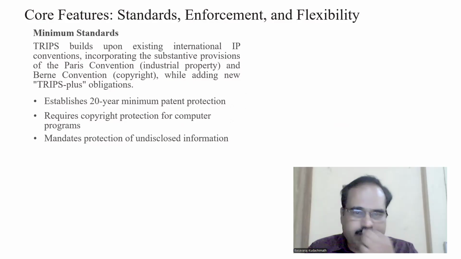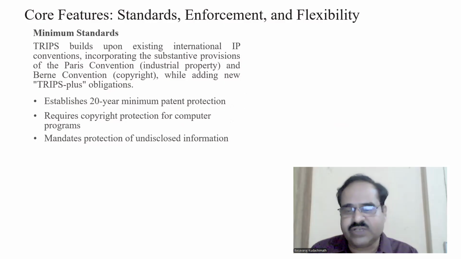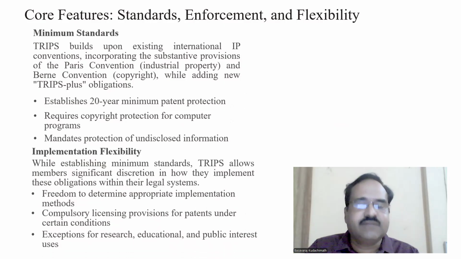Mandate protection of undisclosed information. Any undisclosed information is mandated for protection. If a company doesn't want to disclose certain information, it is protected by the country. You need not force them to disclose all that information. That is how TRIPS envisages.